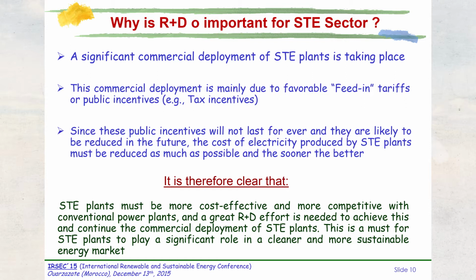For me, it's very clear that a significant effort has to be devoted to reducing the cost of electricity produced by solar thermal electricity plants, because this is the only way to continue with the commercial deployment, and the only way to develop the learning curve of this technology.